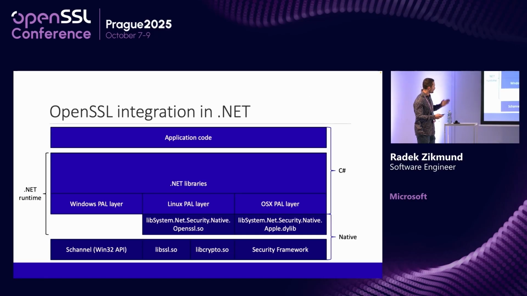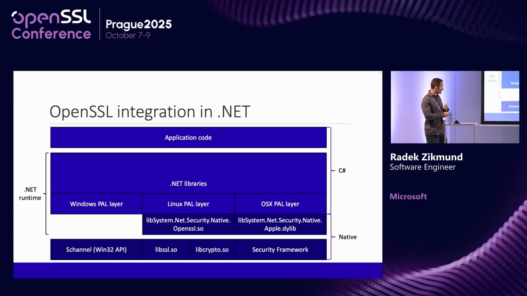Next. Okay, so just a small diagram which shows how this fits together. We have some applications just running in .NET that's purely user code, and we have some portions of the .NET runtime which is also written in C#. This portion is cross-platform and is basically unchanged between all the operating systems to which we ship. But at some point, we need to specialize the code to use the things that are present only on the operating system. So that's something that we call PAL layer, platform access layer.